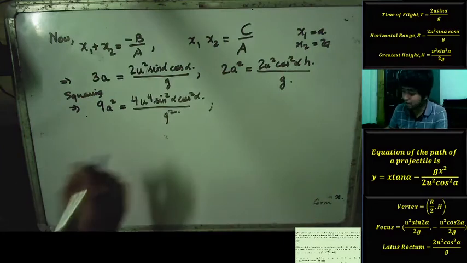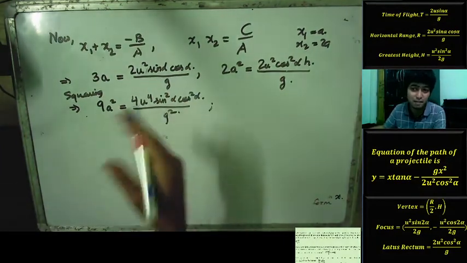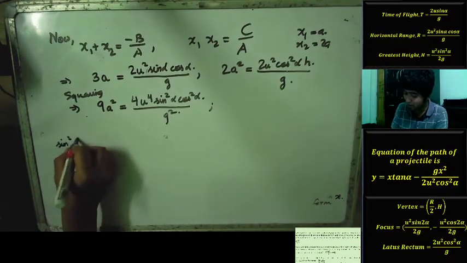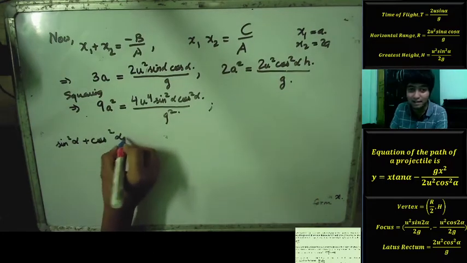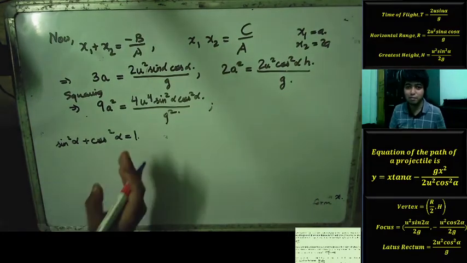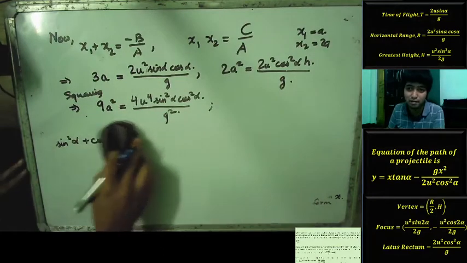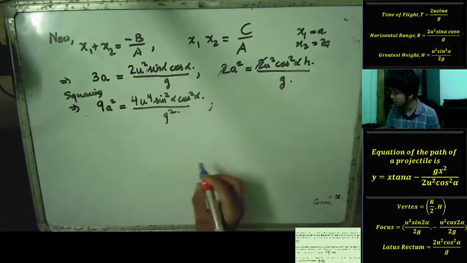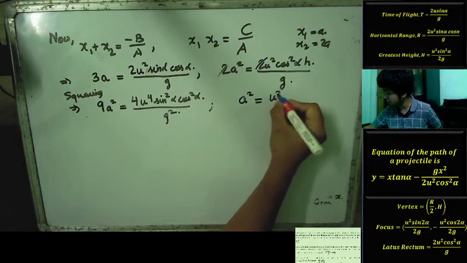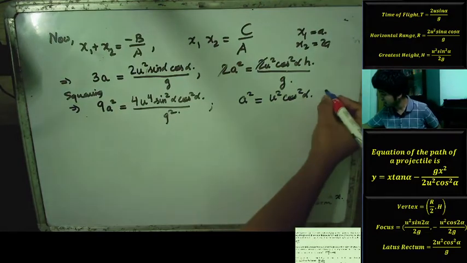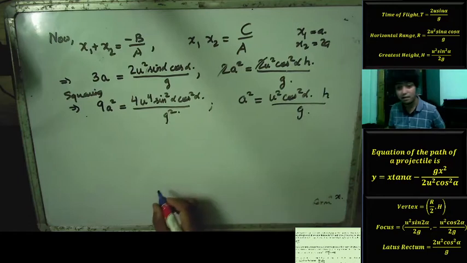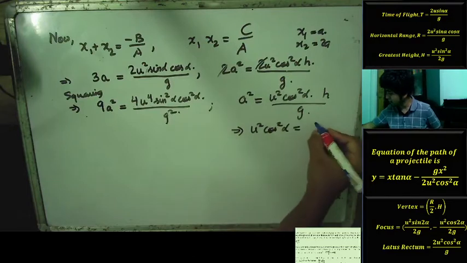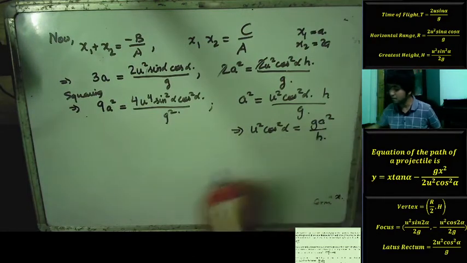Also remember, when you have sine and cos, it is best to square them, because while squaring you can hope to use an important identity. Over here 2 and 2 get cancelled, so you have a squared equal to u squared cos squared alpha h upon g. So u squared cos squared alpha equals g a squared upon h.